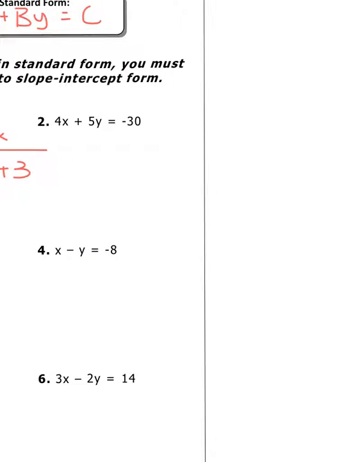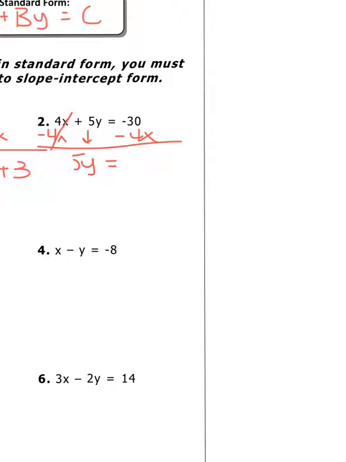Let's look at number 2. So we have 4x plus 5y equals negative 30. We want to get y by itself, so the first thing we need to do is get rid of this 4x. So we're going to subtract 4x on both sides. So 4x minus 4x cancels out, goes to 0. So we bring down 5y.